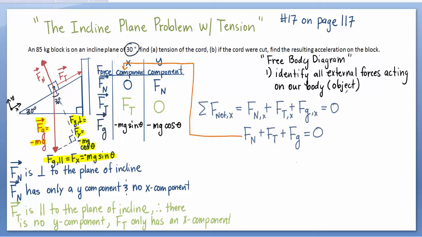So the normal force in the x direction is 0, directly from here. Our force tension is what we don't know, we're trying to solve for. So that's Ft. And our x component of our gravitational force is plus the negative mg sine theta. And we can set that equal to 0 since the block is not moving.